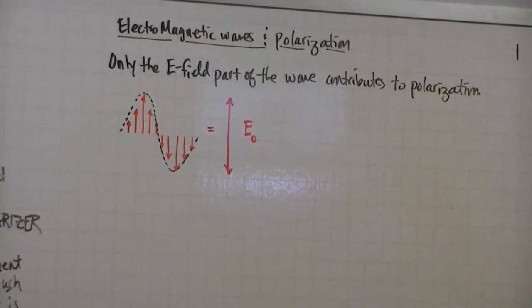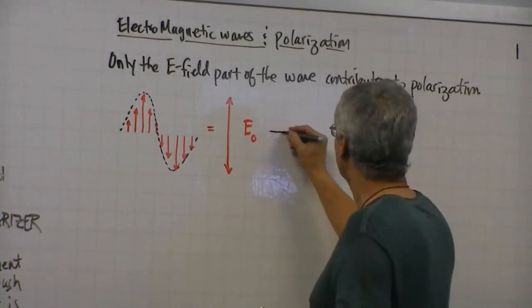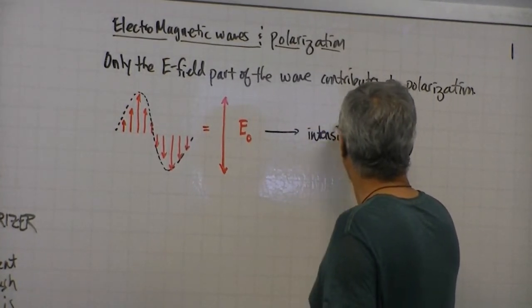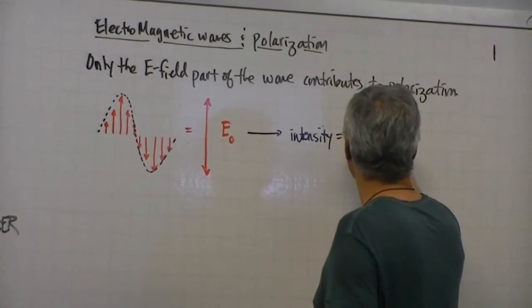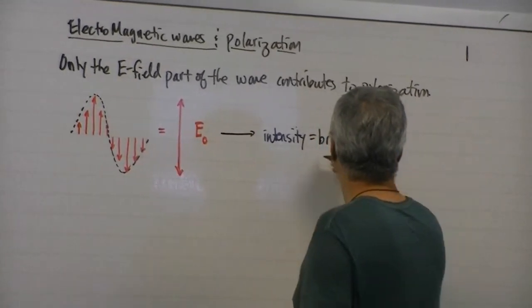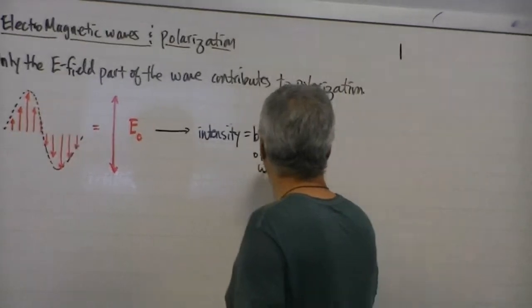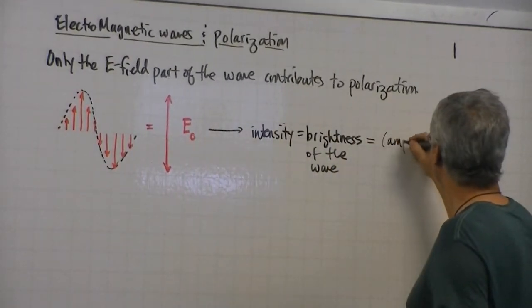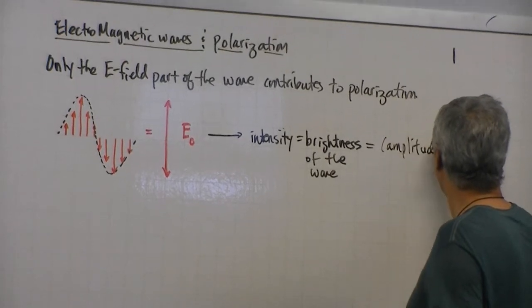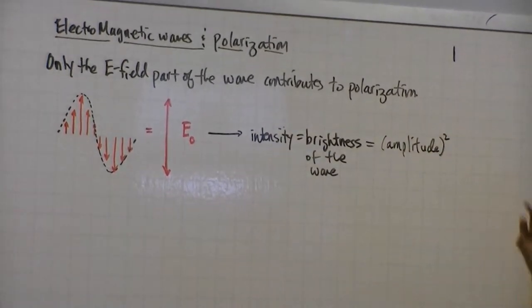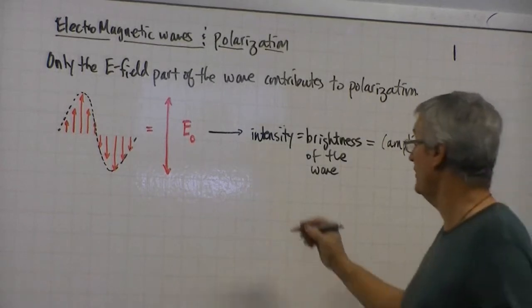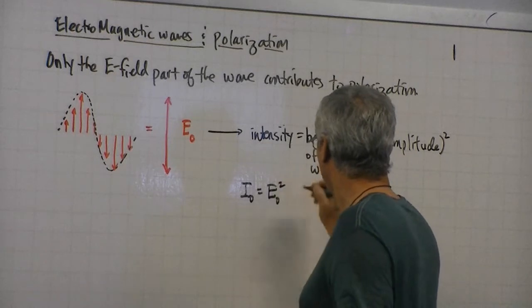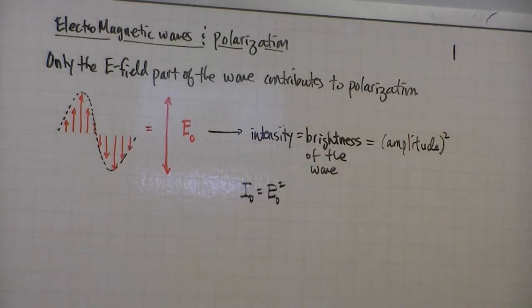Now what we find is that the intensity, which is equal to the brightness of the wave, is equal to the amplitude squared. So when I look at the intensity, we write the intensity as this guy squared right there, because that's the amplitude of this wave.